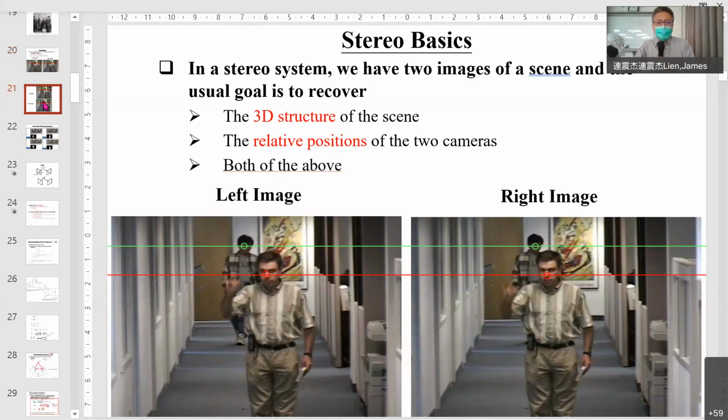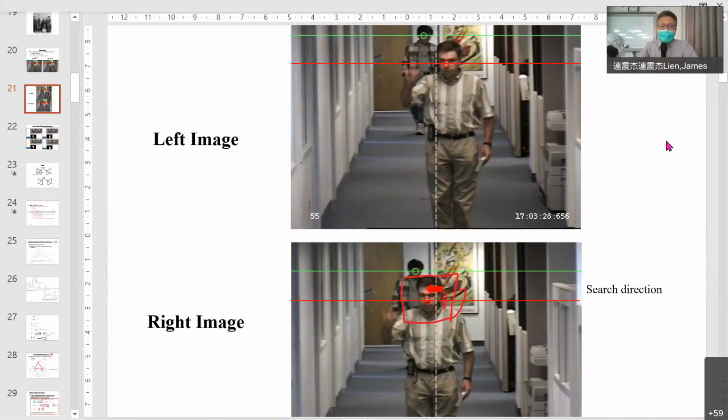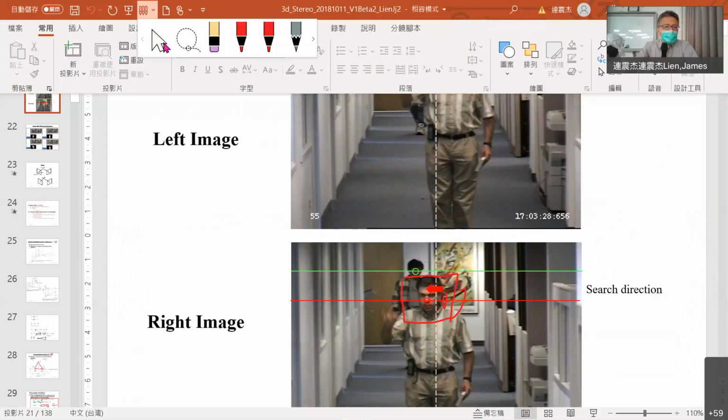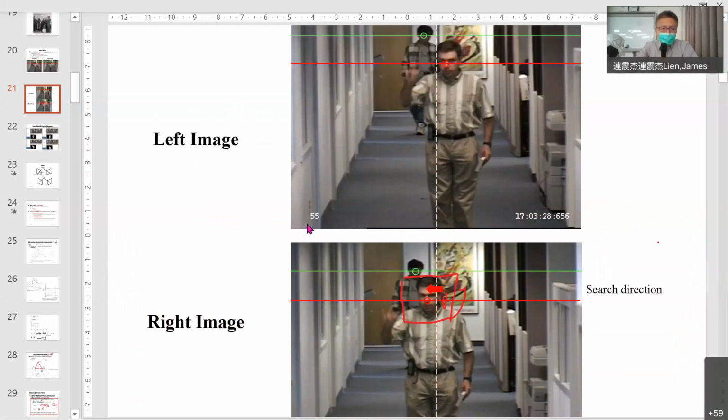So if both images overlap together, the overlap region is probably only this part here.